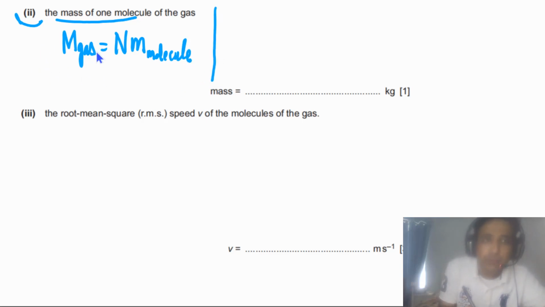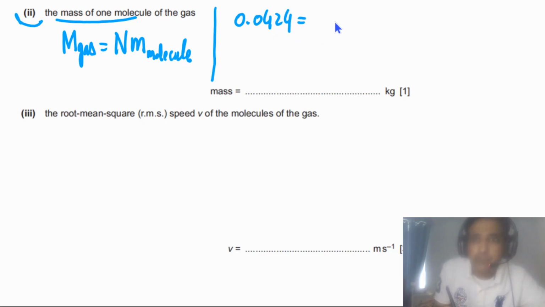We have total mass of the gas in the vessel, that was equal to 0.0424 kg. And number of molecules of the gas we have just calculated, that was equal to 1.27 times 10 to 25. Now we need to calculate mass of single molecule.